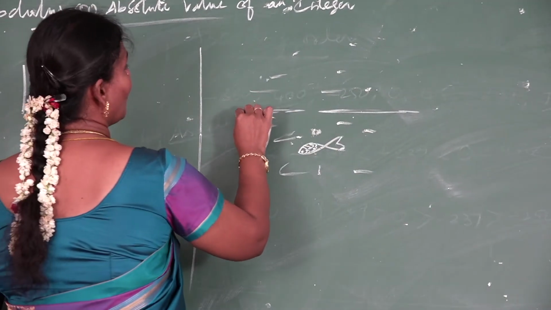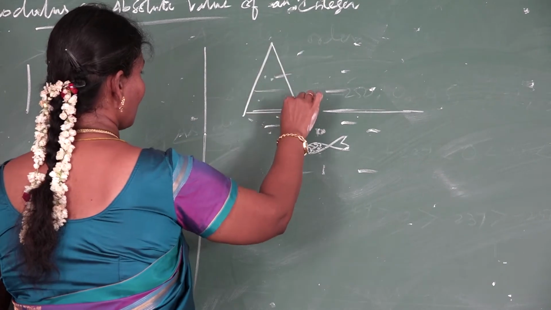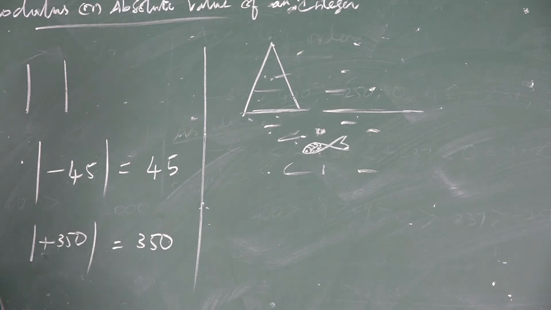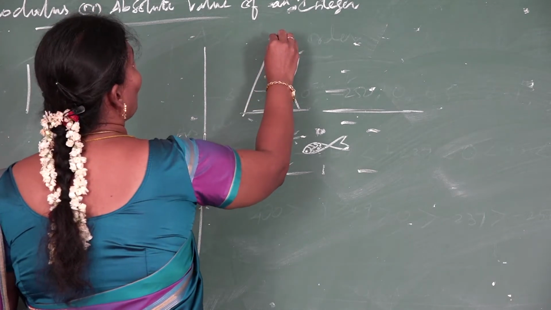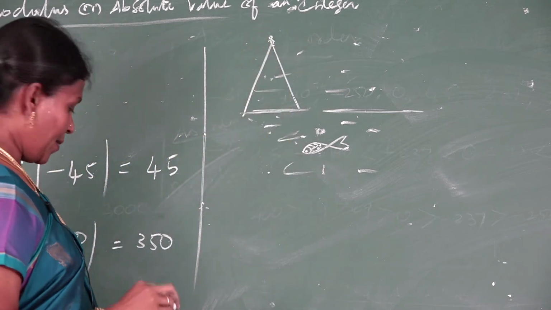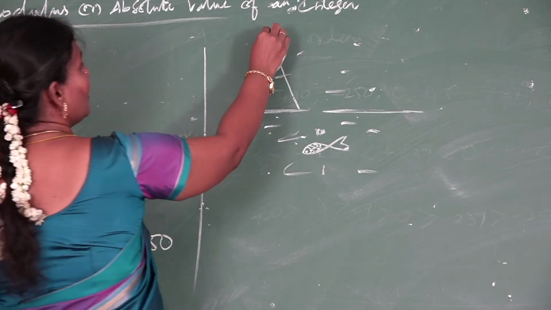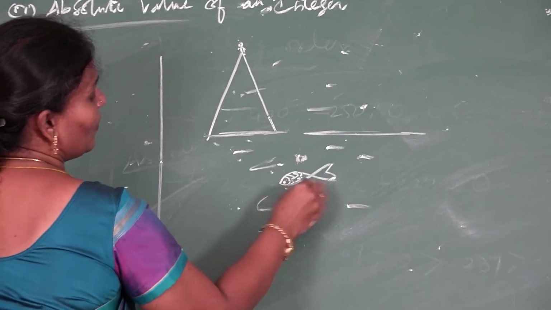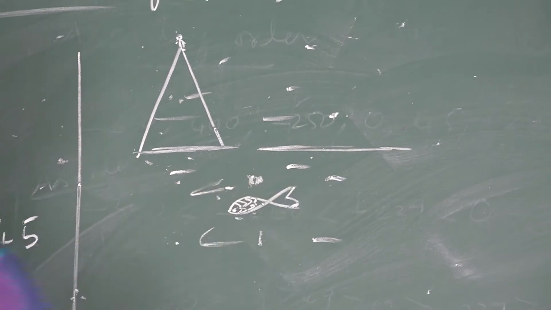Here you consider a hill. On the top of the hill, one person is standing. This person observes that below the sea level the fish is under the sea level.